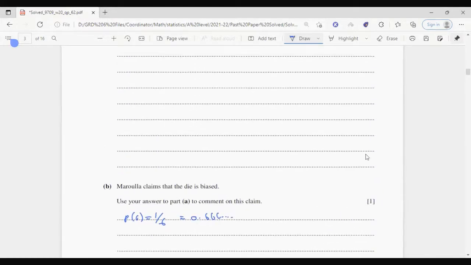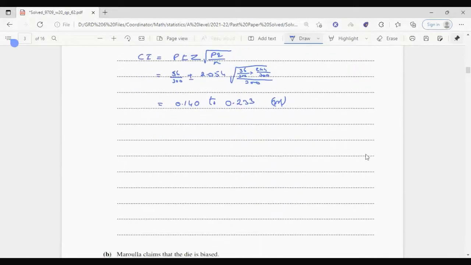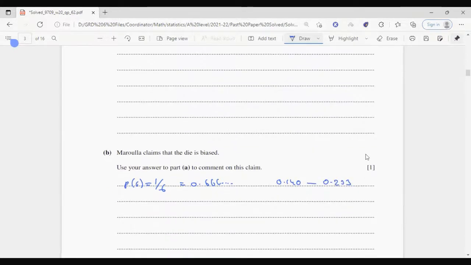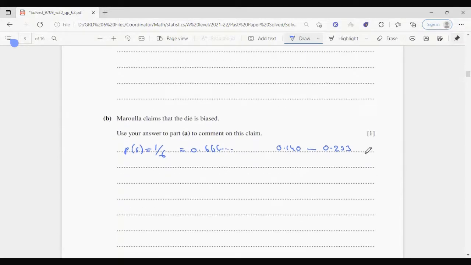Now, if you look into the previous interval, which was from 0.140 to 0.233, you can see that this value falls in between this range, between the interval. So we can come to a conclusion that Marola's claim is to be rejected.